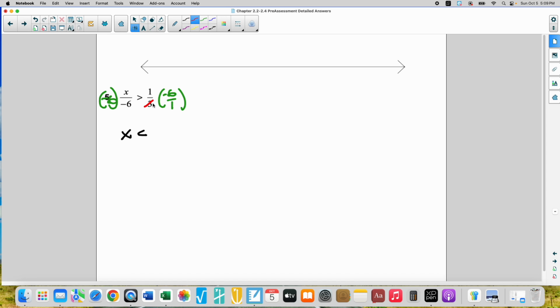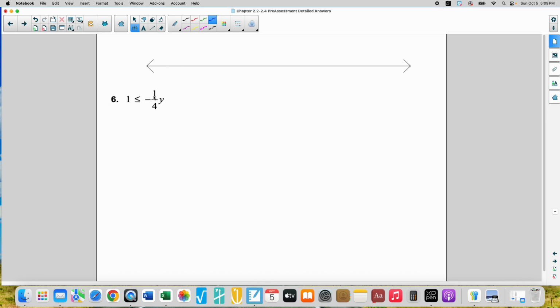We can also cancel. 3 is in the denominator. Negative 6 is in the numerator. That gives me negative 2. And that's my solution. Let's keep up the blue work. So 0. We've got negative 2. That's a horrible 0. It looks like a 6. Notice I take the time to rewrite it. It is an open circle, and it is less than.